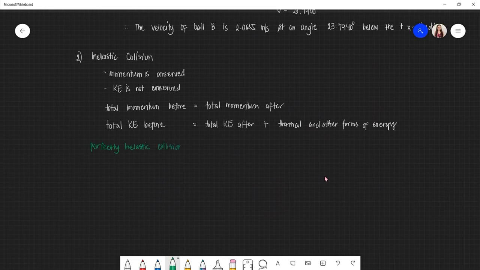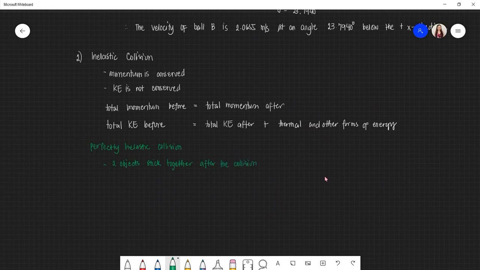In a perfectly inelastic collision, while momentum is conserved, kinetic energy is not conserved, but the two objects stick together after the collision.